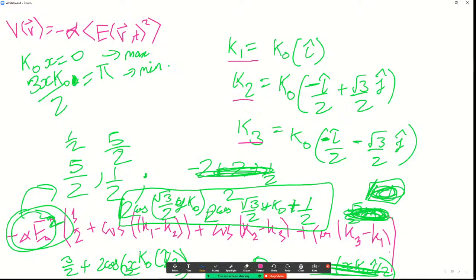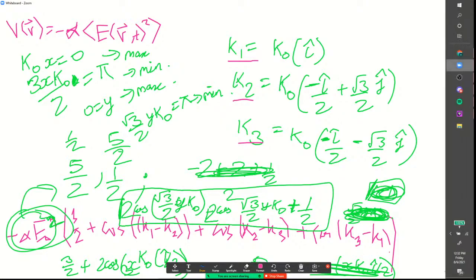And then, similarly for y, we have y equals to 0 for maxima, and root 3 by 2 y k naught equals to pi for minima. Okay. So this should be the answer.